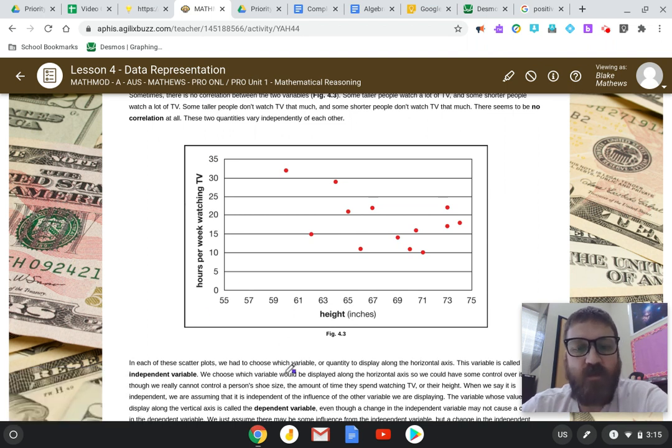When we graph it this way, we're assuming that there is some causation, that this x-axis, in this case height, the independent variable, is influencing the y-axis, or the dependent variable. The independent variable is the thing that you're starting with, and the dependent variable is what's being affected by that. So just be aware of that.